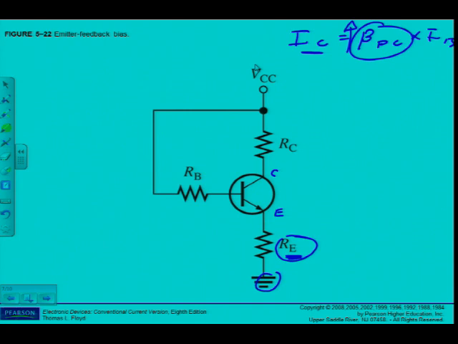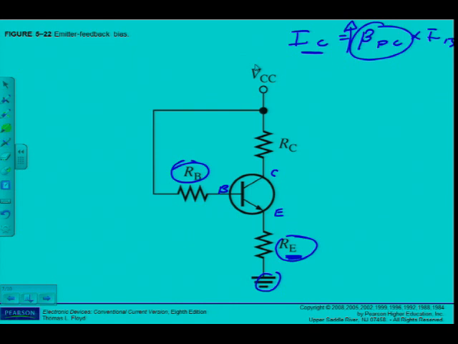Alright. So the emitter voltage increases, causing an increase in base voltage because VB is equal to VE plus VBE. So this increase in base voltage reduces the voltage across RB. If the voltage here at the base increases, then of course the voltage across RB has to decrease to keep Kirchhoff's laws still true.